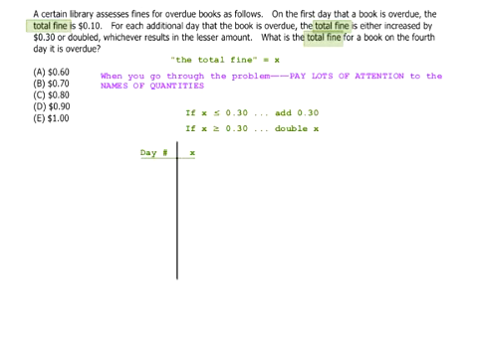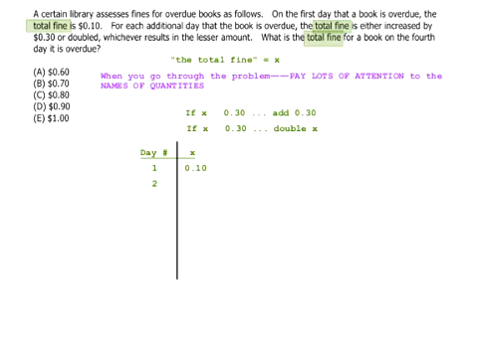That's good enough. Okay. On the first day, they say that it is 0.10. It is 10 cents. On day number 2, well, that's less than 30 cents. So we do what? We double it. Actually, I have these inequality signs backwards. It's whichever one is less.